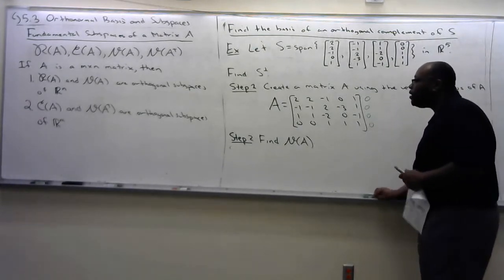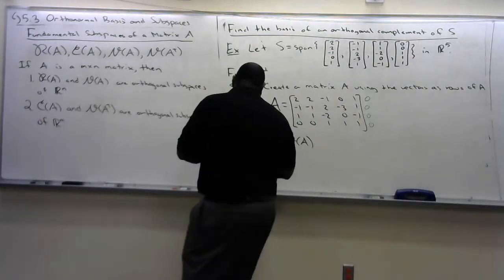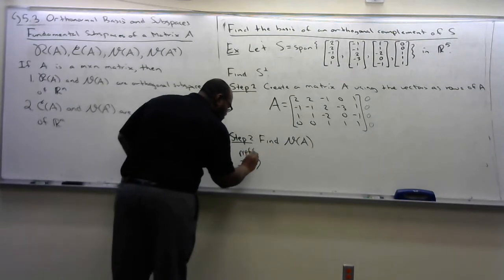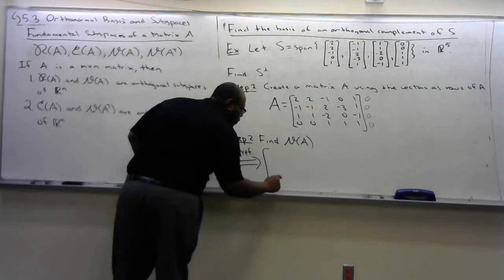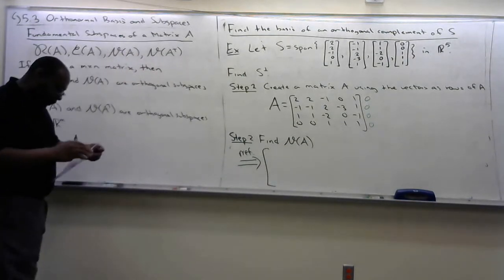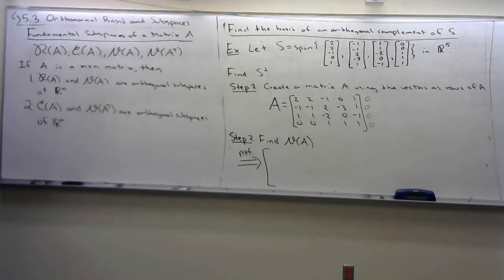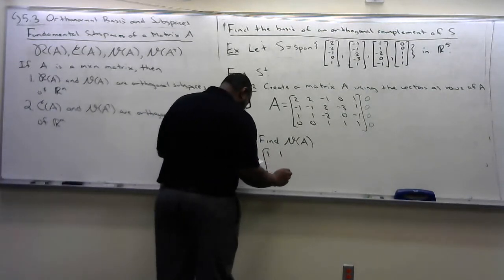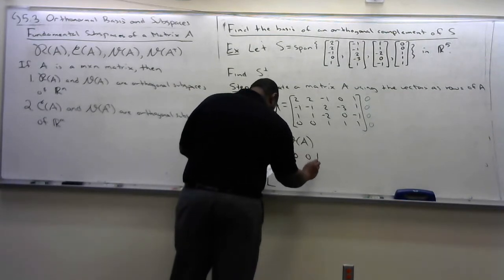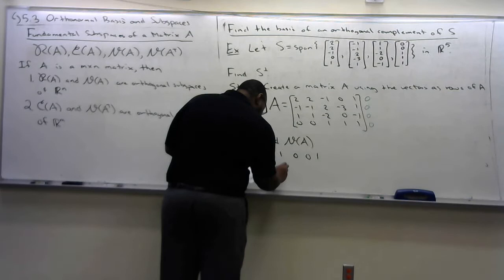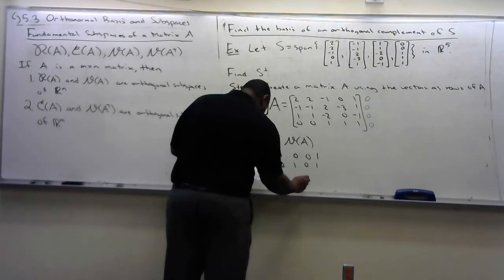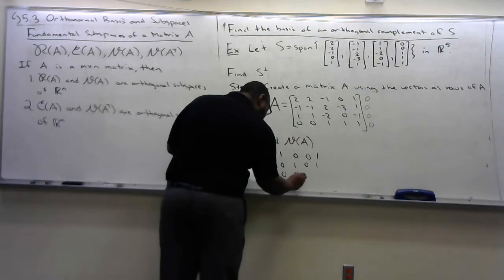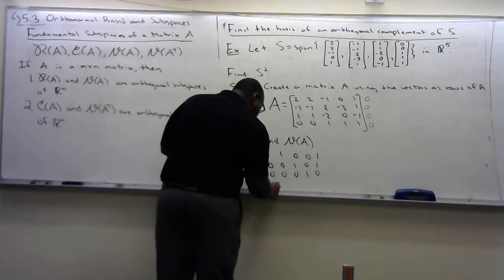I'm going to do reduced row echelon form on A. If I take the reduced row echelon form of A, I get 1, 1, 0, 0, 1; 0, 0, 1, 0, 1; 0, 0, 0, 1, 0; and then a row of zeros.